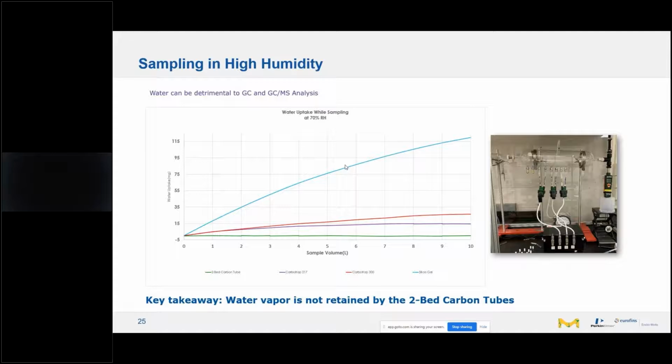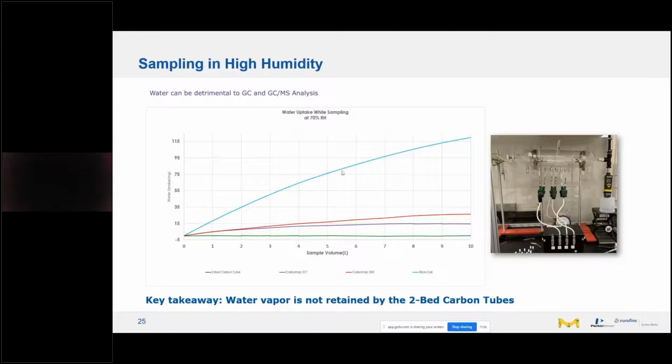And also it can quench the target intensity in the mass spectrometer. If your standards don't have the same amount of moisture as your samples do, the results will be low because of this quenching effect.